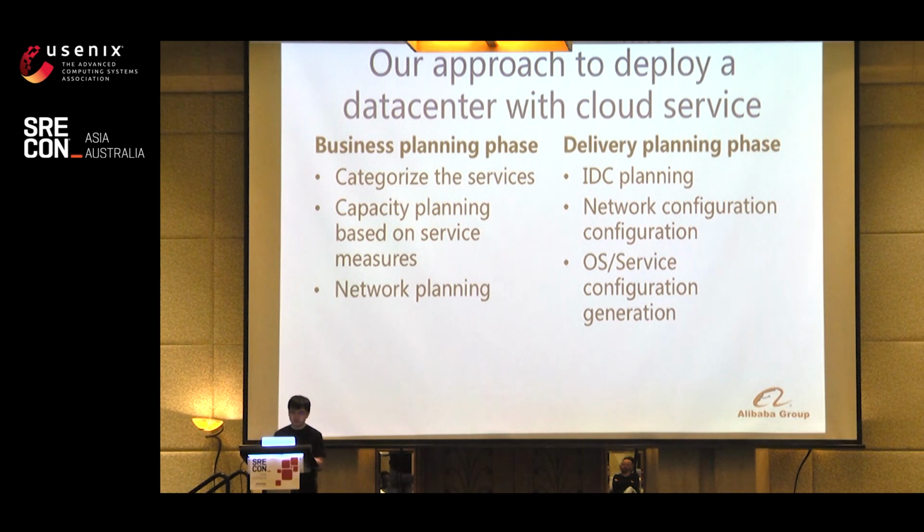And finally, just as I described before, in the immutable infrastructure, we need to generate all the configuration files for the operating system and service. To achieve this, we need to define some concepts.